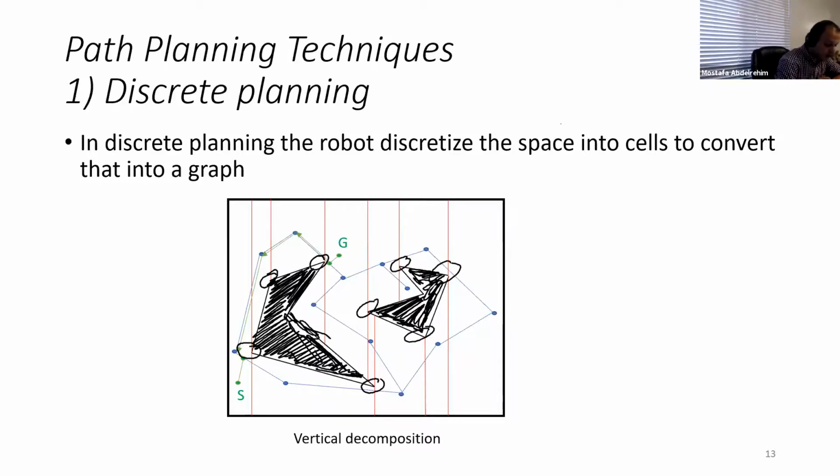And also this guy. So from each one of these, this is one of the ways of discrete planning: make or draw a line from each one of these vertices until it hits an obstacle or the wall. So for example, for these vertices here, we draw a line, we stop here because we hit a wall, we stop here because we hit a wall.